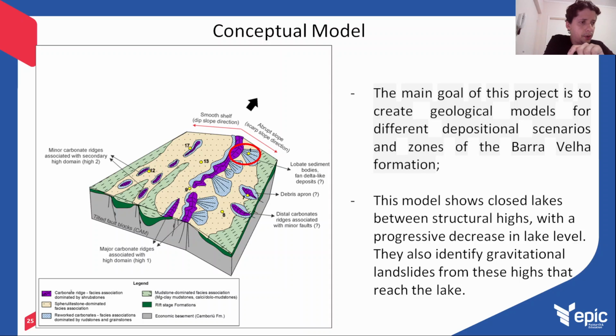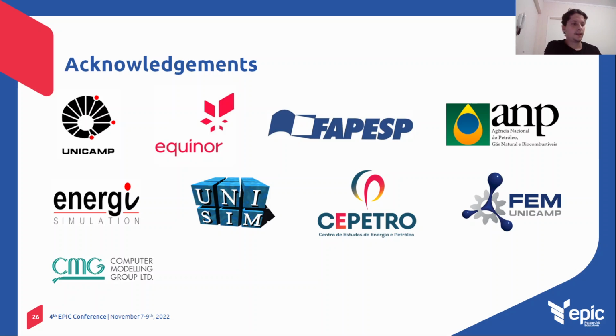This model shows closed lakes between structural highs with a progressive decrease in the lake level. They also identify gravitational landslides from these highs that reach the lake. And the red circle highlights these gravitational flows related to the facies association described in this work.